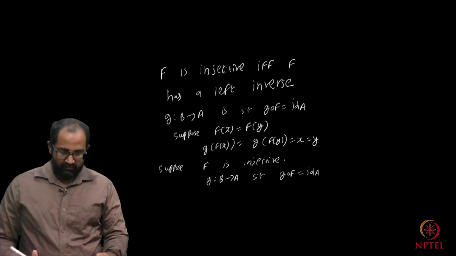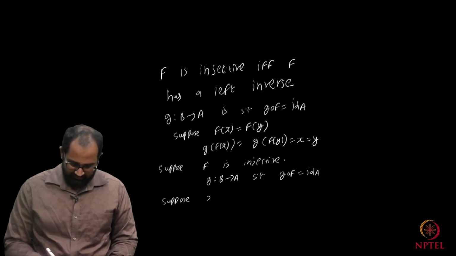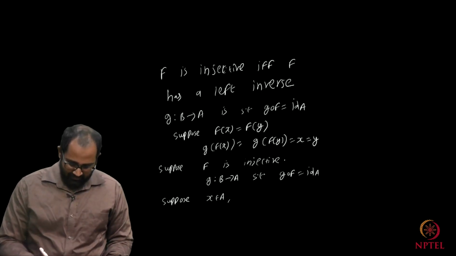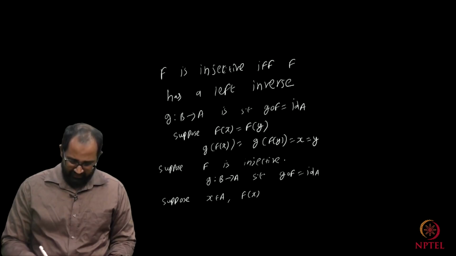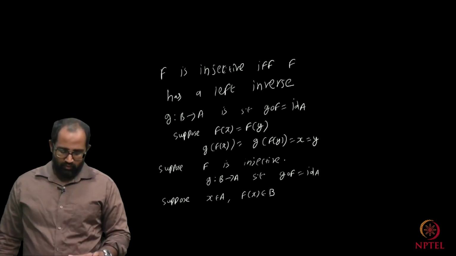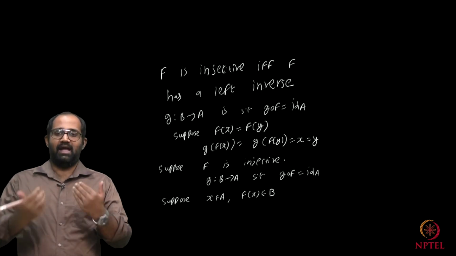Well, let us think about this for a second. Suppose you have an element x in A that gets mapped to the element f of x in B, right. So, you want g composed with f of x to be x again.